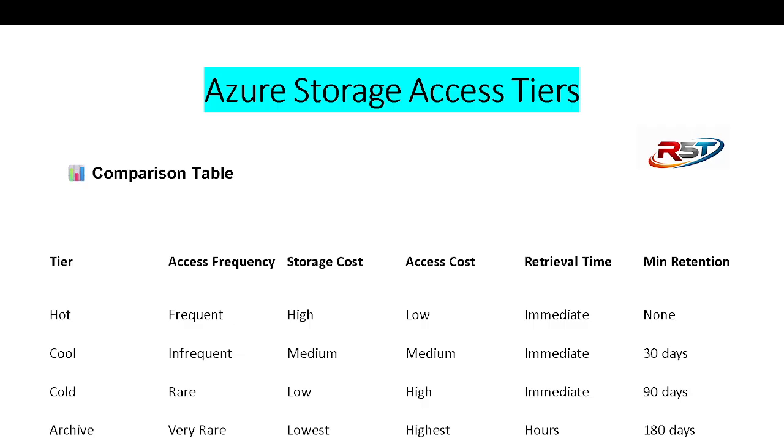Cold tier: rare access, storage cost low, access cost high, retrieval time immediate, minimum retention 90 days. Archive tier: very rare access, storage cost lowest, access cost highest, retrieval time hours, minimum retention 180 days.